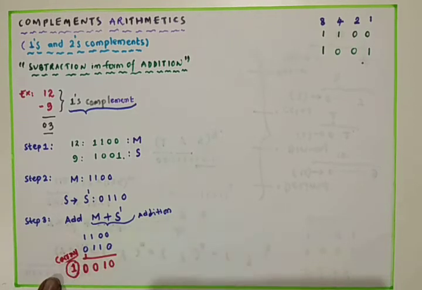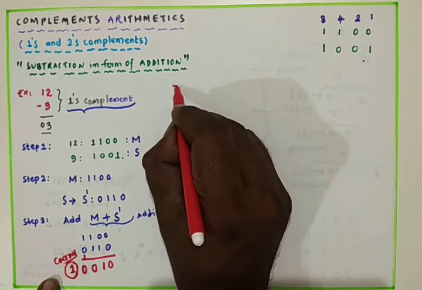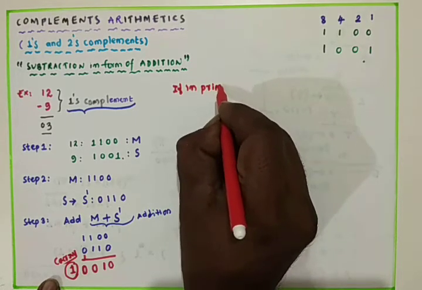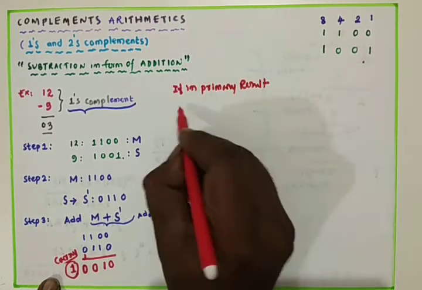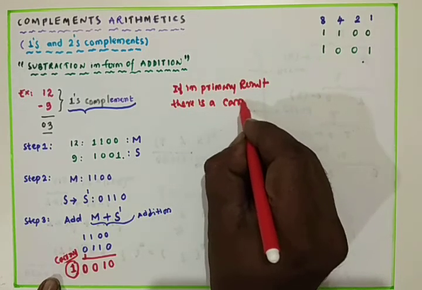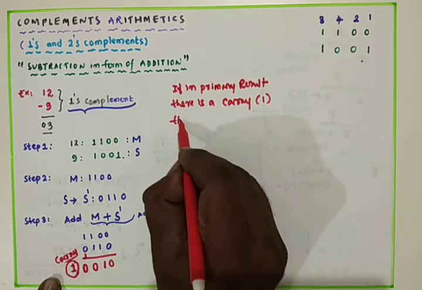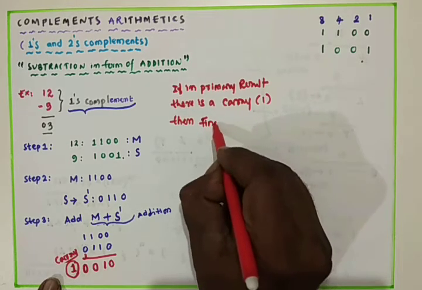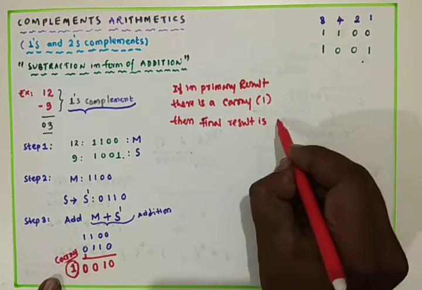So we have to assume that if there is a carry in the primary result, that is 1, then the final result is positive.